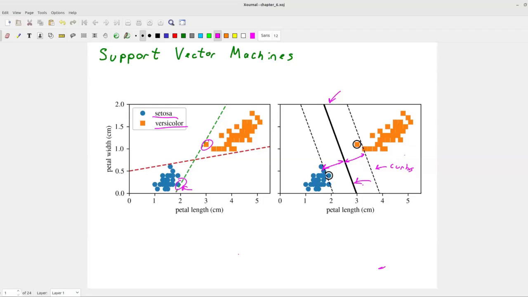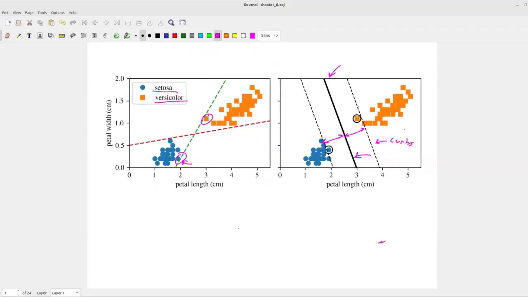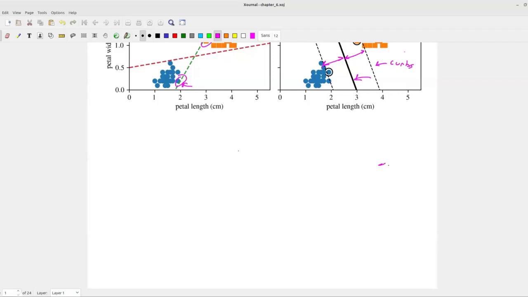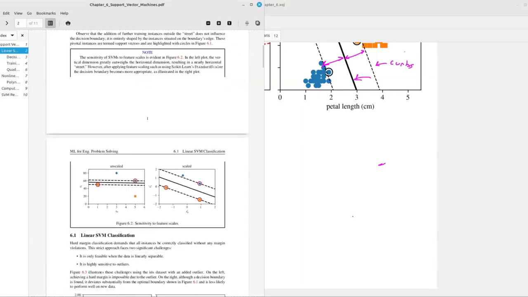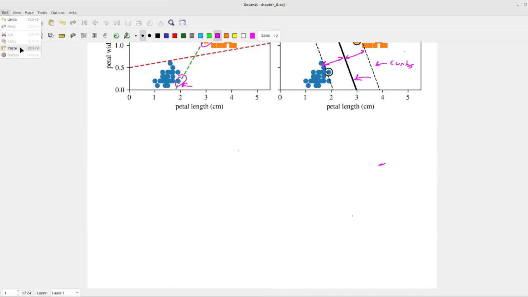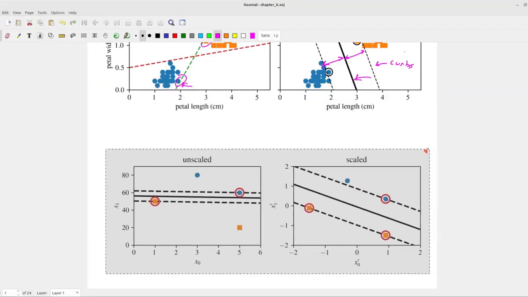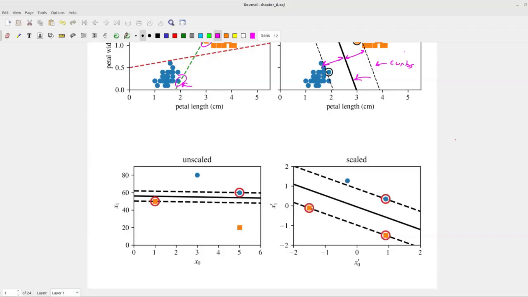So one challenge that we have with support vector machines is that they're very sensitive to scaling. So we can go ahead and take a look at that. So here we have some unscaled data, and then here we have some scaled data. In the left plot, the vertical dimension greatly outweighs the horizontal dimension, right?